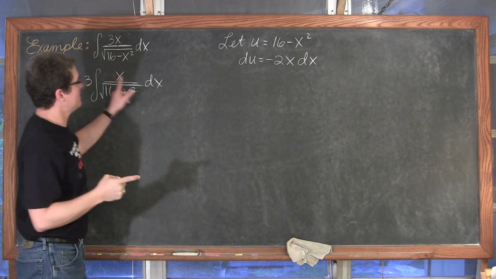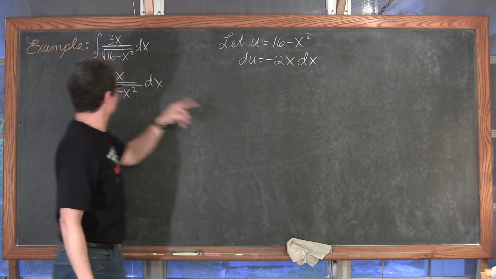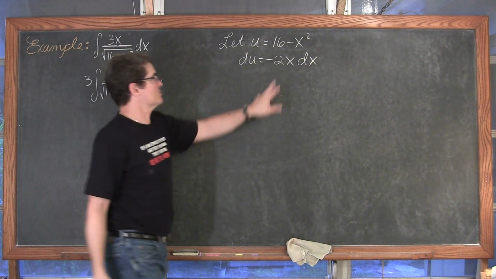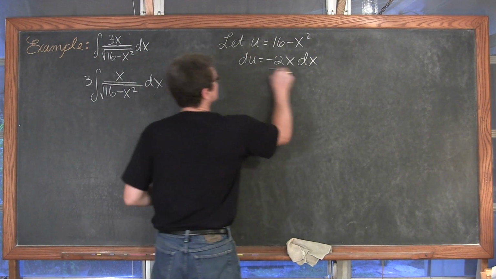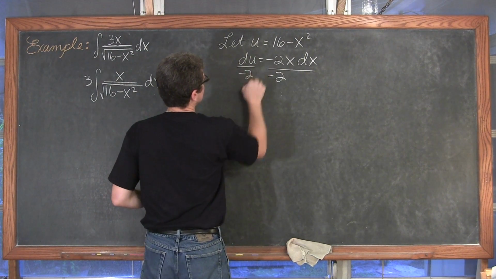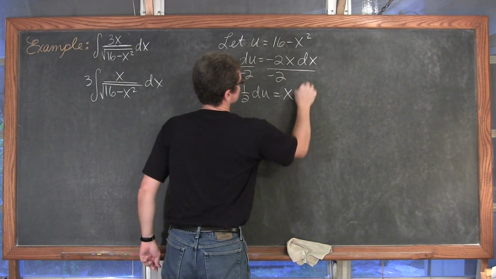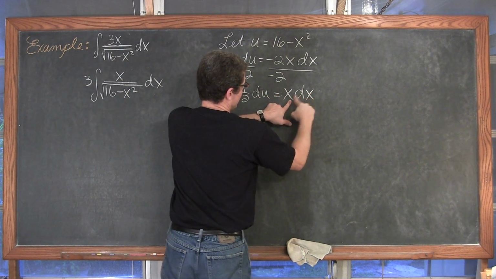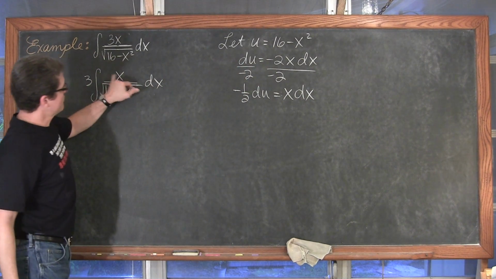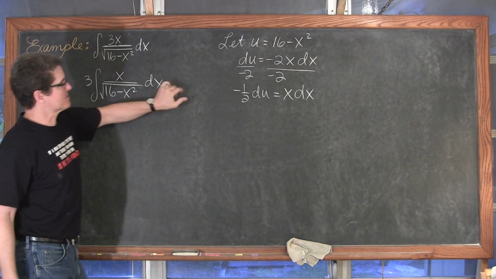Okay, so if I can get this x dx here, then I have a substitution. So I'm going to divide both sides by negative 2.